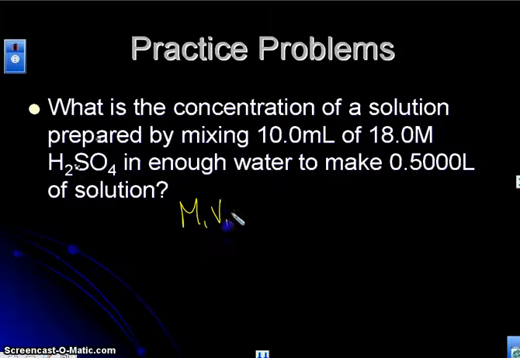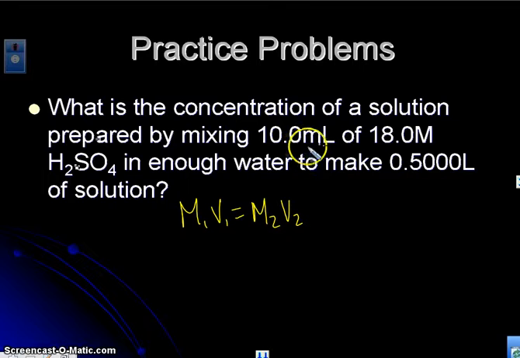M1 V1 equals M2 V2, is on your reference table, remember. We need to consider which two items, our molarity and volume, go together. It's a sure bet when you see 10 milliliters of 18 molar solution that those two numbers go together. We can assign those whatever numbers we want.